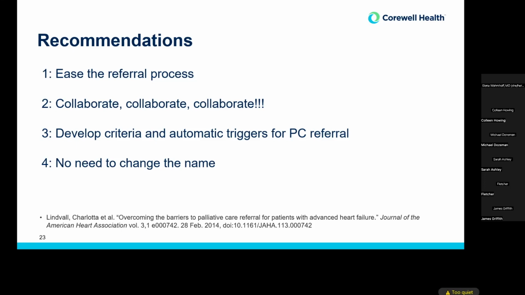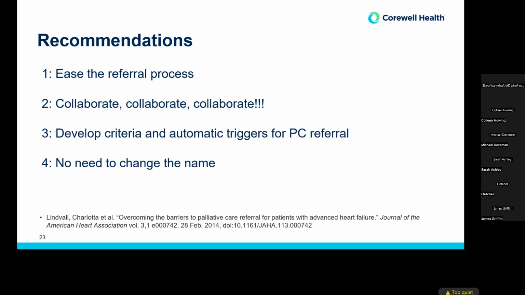And I cannot emphasize collaborate, collaborate, collaborate. Our operations team has done a fantastic job at really working through some of the barriers that keep coming up.